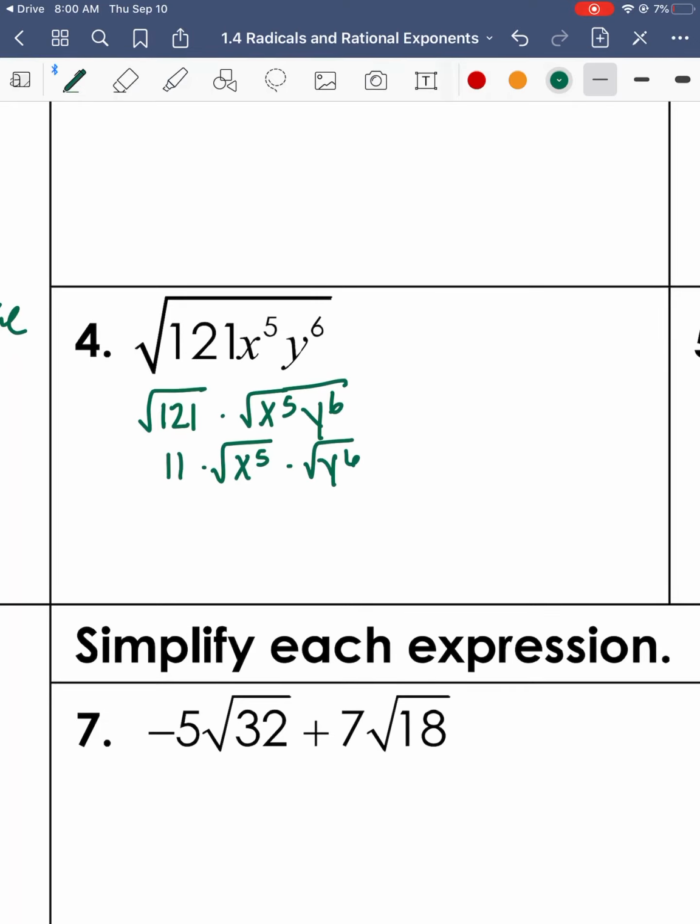Okay, and the way that we can work with these variables is just remembering that anything that we can have in the parentheses raised to the 2 is a perfect square. Okay, so if we have x squared raised to the 2, that's x to the 4th. This is a perfect square. If you take the square root of this, you'll get x squared.